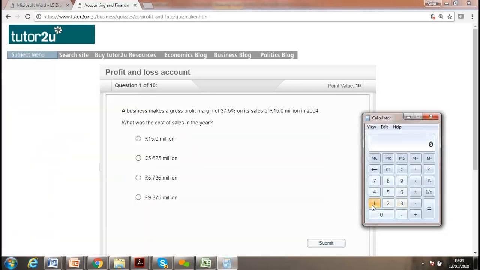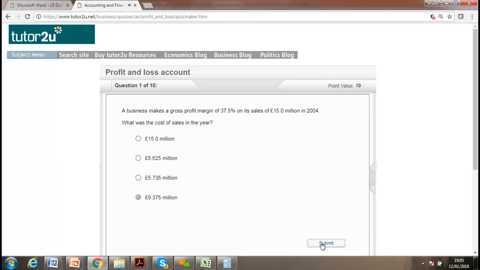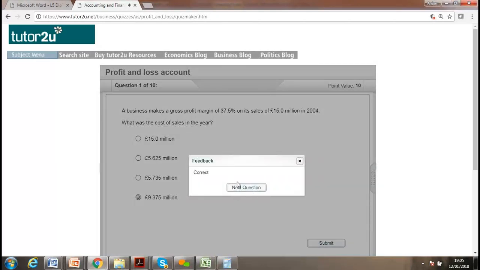Look, 15 times 62.5%, will be on my calculator. So which one do you think is correct? Yes, it's the second one. Okay, well done. The last one is correct, yes.